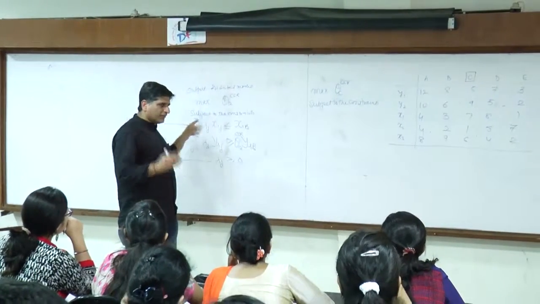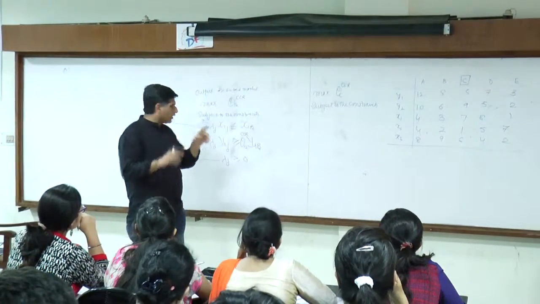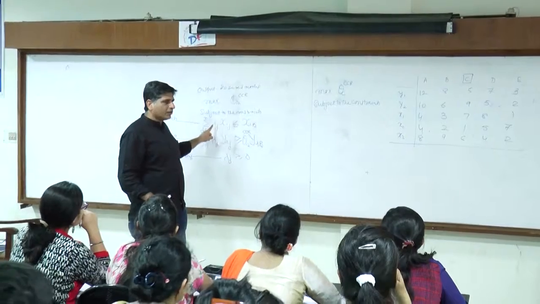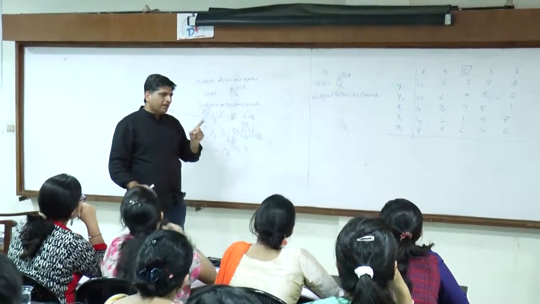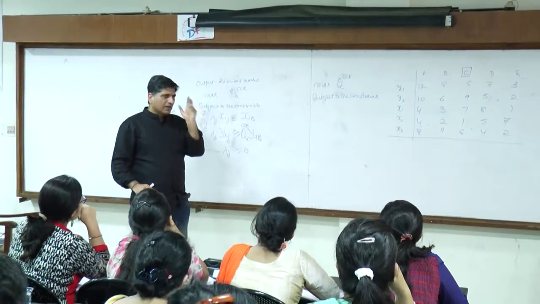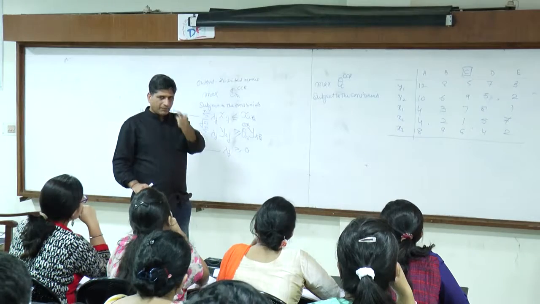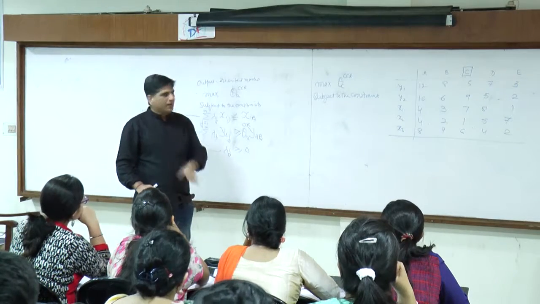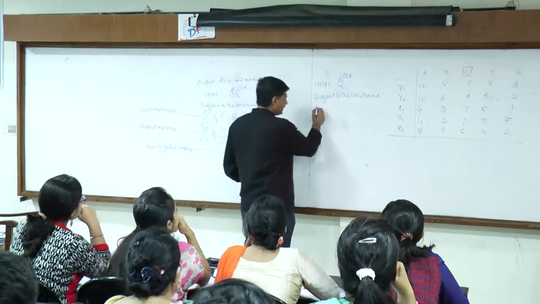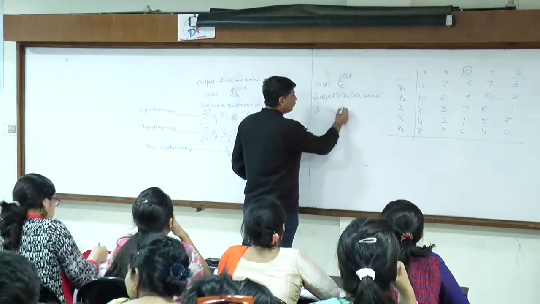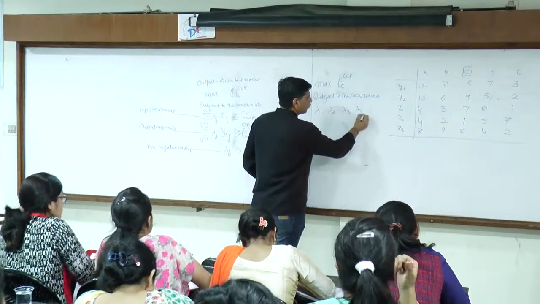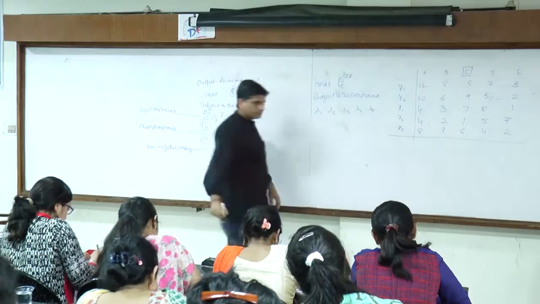Since there is addition, we have to add this, and each input quantity is multiplied by lambda. Lambda 1, lambda 2, lambda 3, lambda 4, and lambda 5.